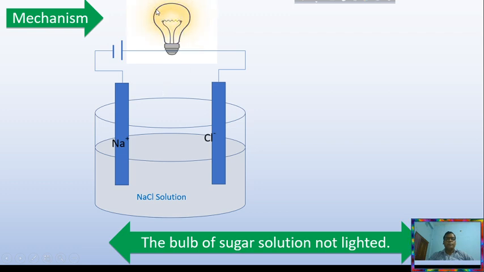And if we set a bulb, the bulb will be heated because there are electrons passing. I know that if any substance wants to pass electrons, of course it has to have free electrons or free ions. There is a free ion. That's why this sodium chloride solution shows the conductivity of electricity.